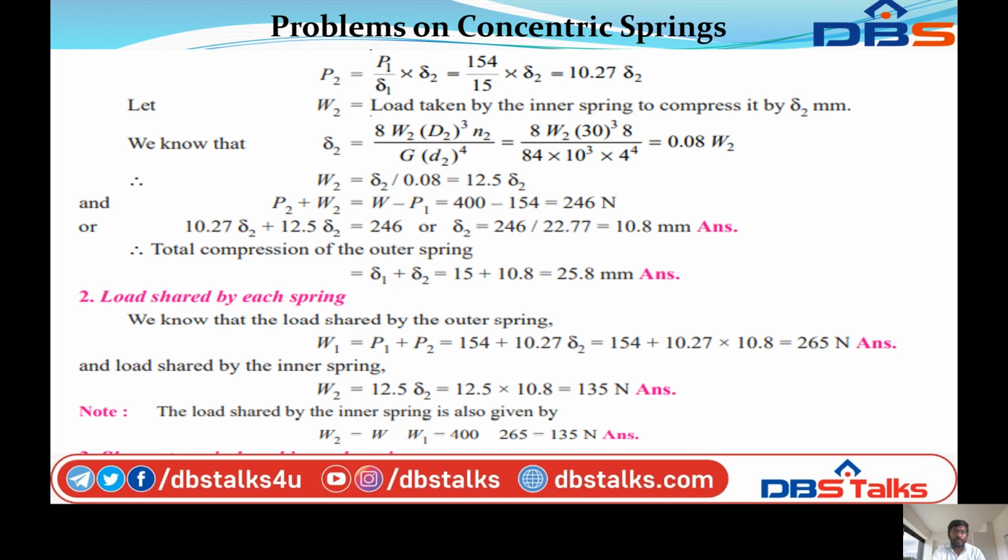Let W2 be the load taken by the inner spring to compress it by delta 2 mm.